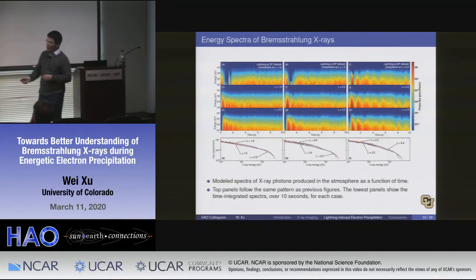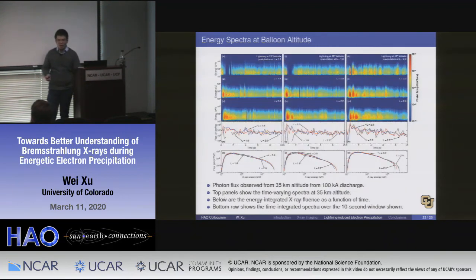We then simulate the transport of these X-rays in the atmosphere and collect all photons arriving at 35 kilometer altitude. That is the balloon altitude. This figure shows the energy spectra as would be measured by balloons at 35 kilometer altitude. This is the X-ray count versus time, and the bottom panels are time-integrated energy spectra.